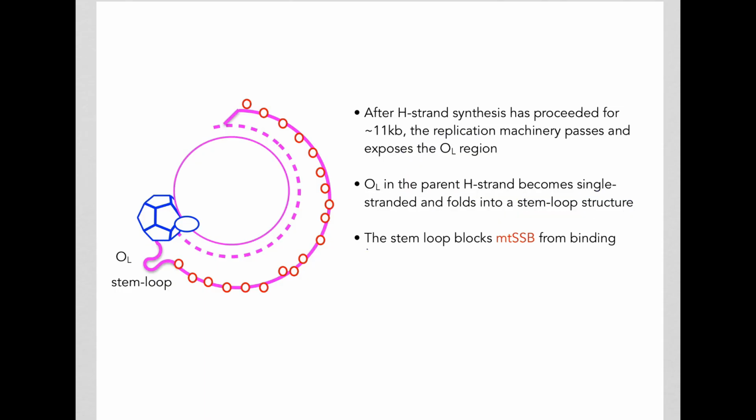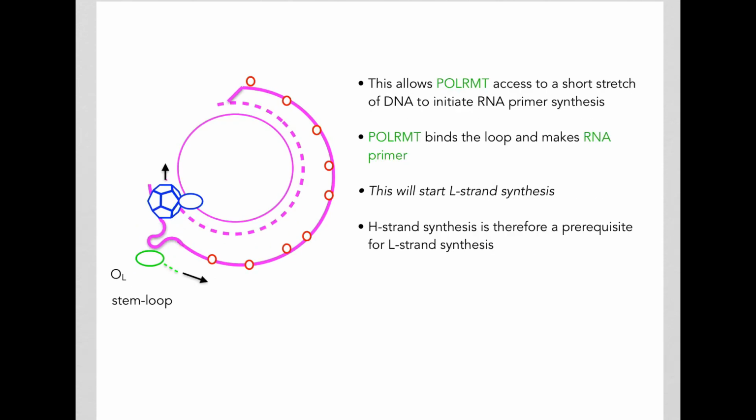Now this stem loop structure will block single-stranded binding proteins from binding to this structure. So this will now allow POLRMT to access a short stretch of the H strand, and it will start initiating RNA primer synthesis. So we see this polymerase now making a short primer using this structure here.